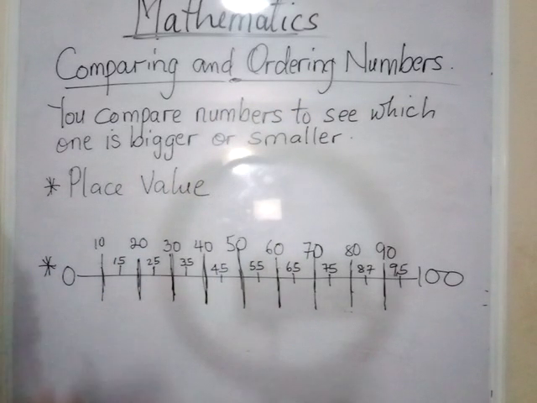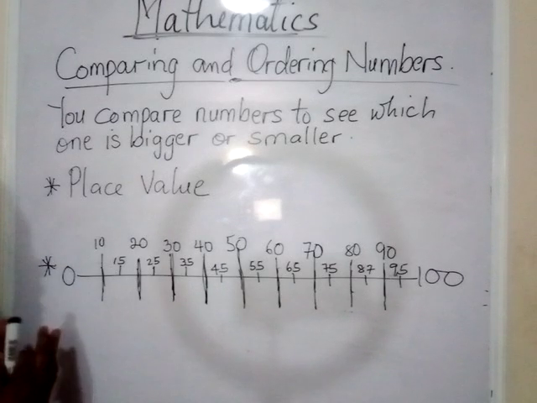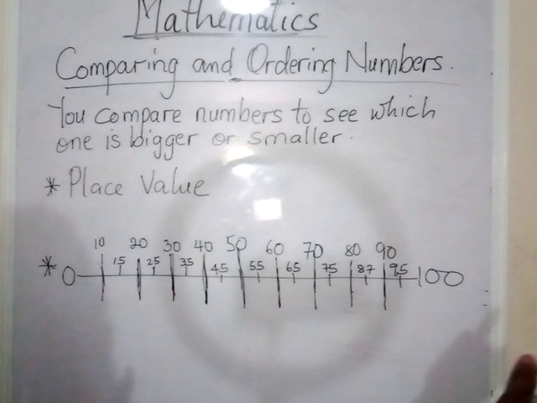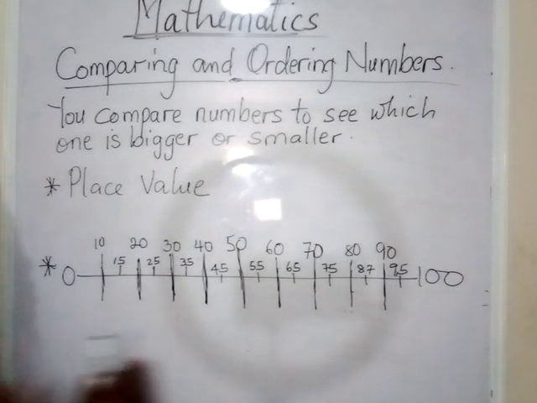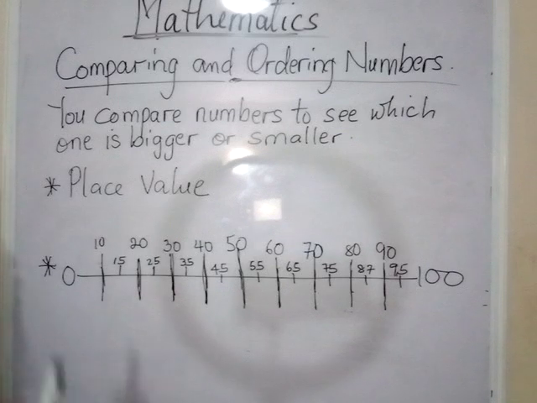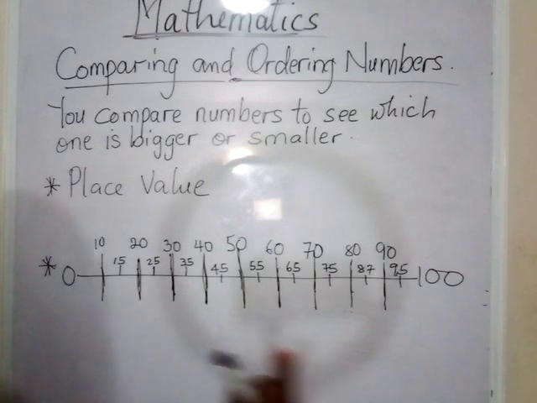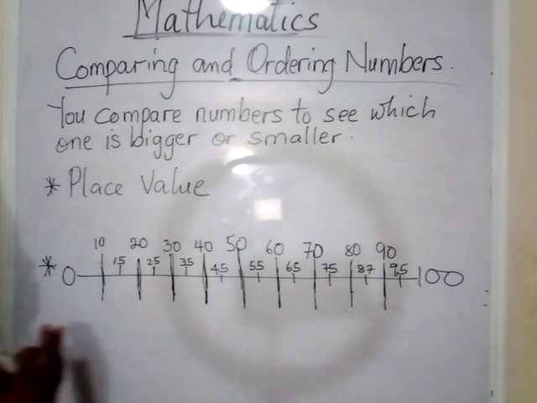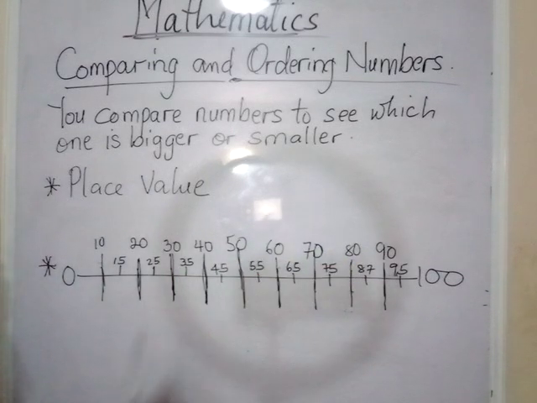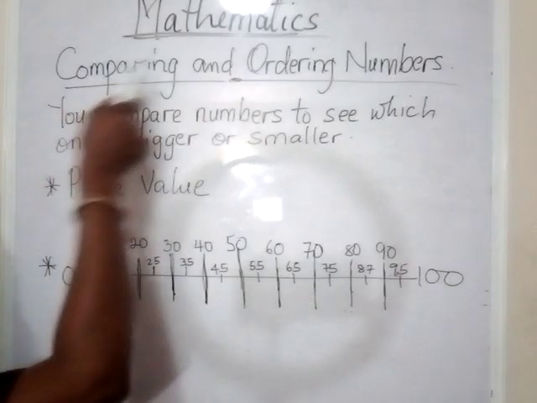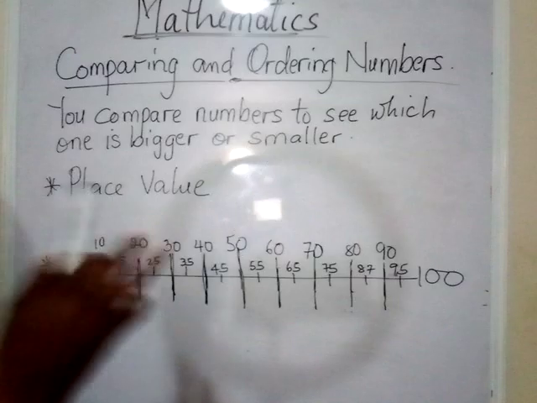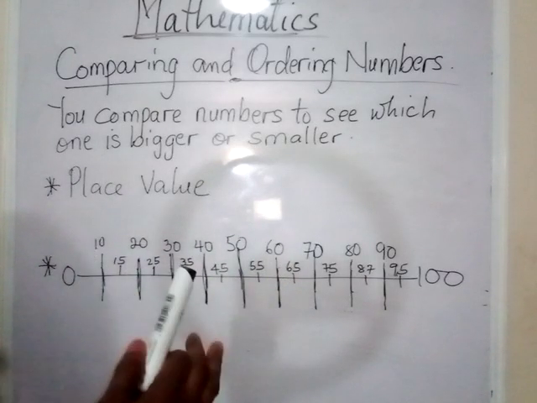you are arranging them in a certain way, maybe from the smallest to the biggest, or from the biggest to the smallest. Comparing numbers and ordering numbers have some things in common.